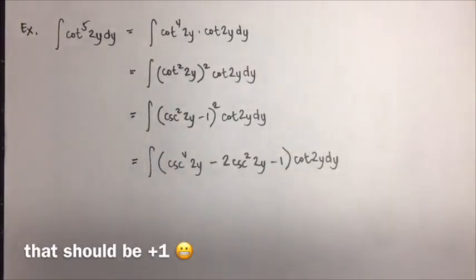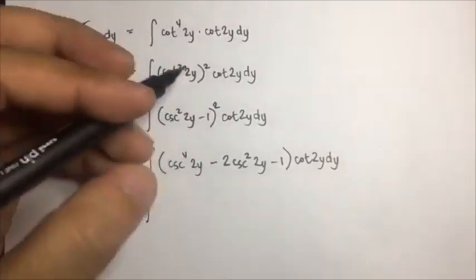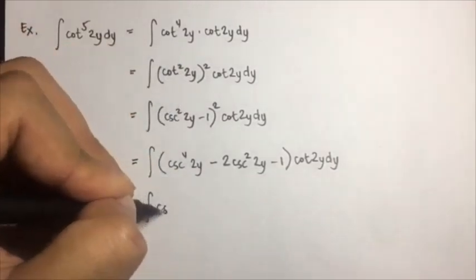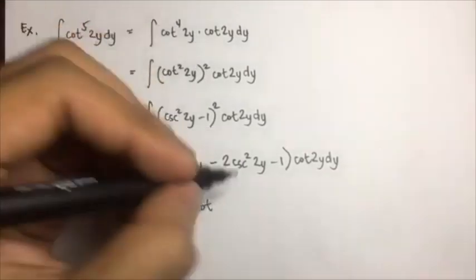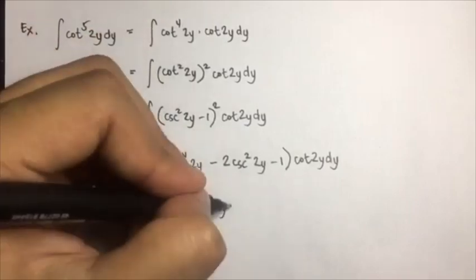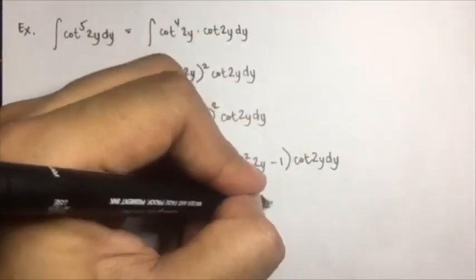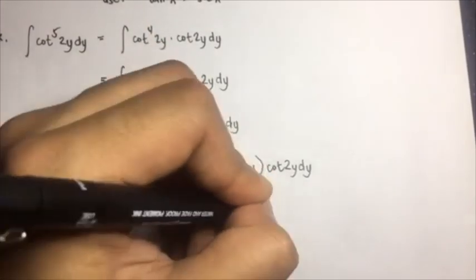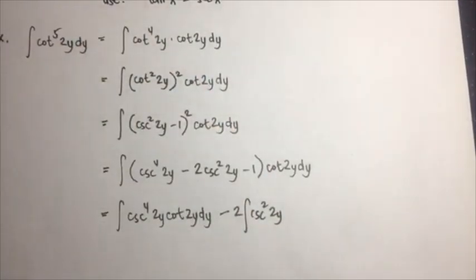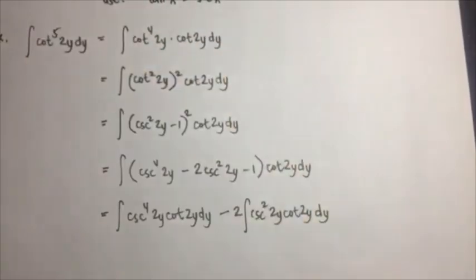Okay, so the next step is we will distribute, so this will become the integral of cosecant to the fourth of 2y cotangent of 2y dy, minus, so we have a numerical coefficient here of 2, so minus 2 integral of cosecant squared of 2y cotangent of 2y dy.